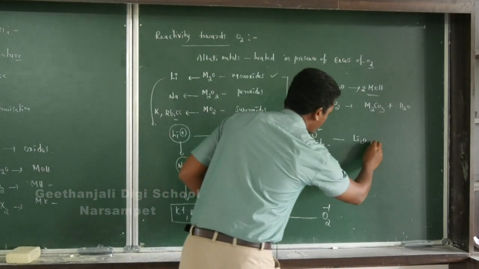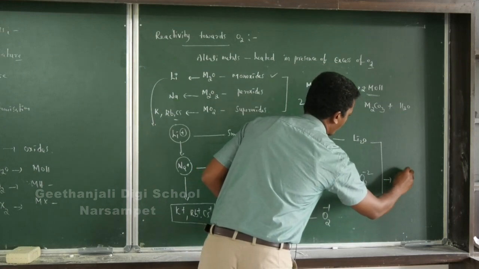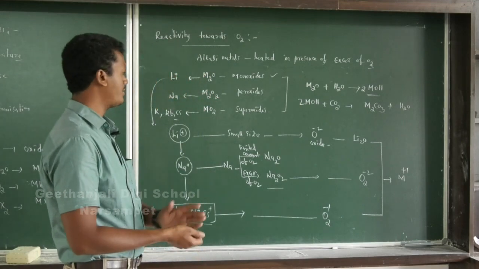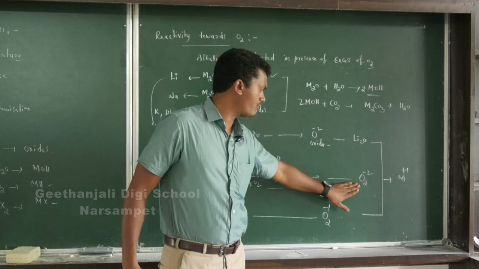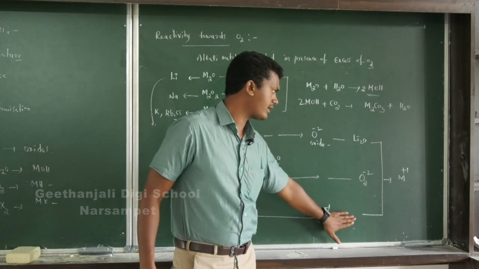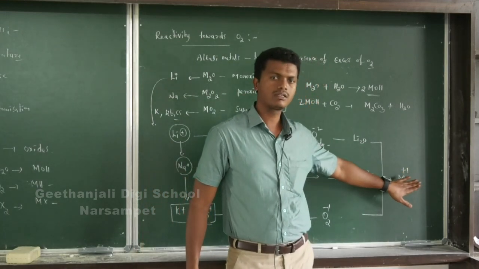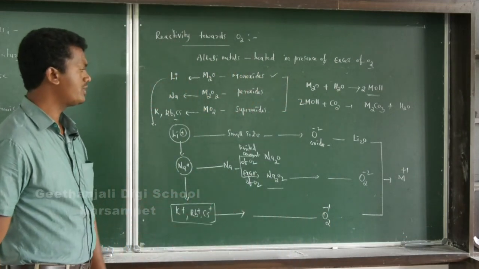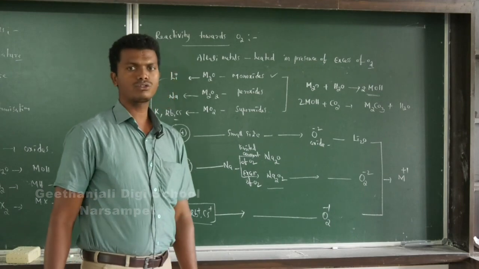The alkali metal follows only one type of oxidation state, that is M plus 1. Whether in M2O type of monoxides, or in M2O2 type of peroxides, or in MO2 type of superoxides, the oxidation state of M is always the same, plus 1, because we know the reason. They have only one electron in the outermost shell.